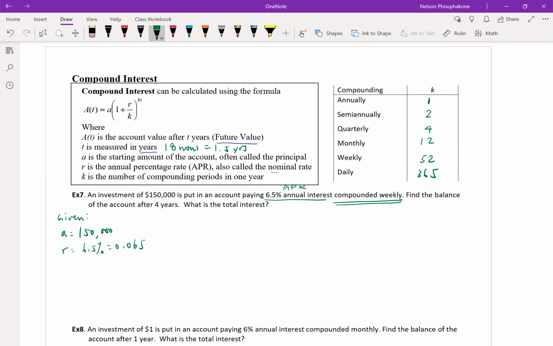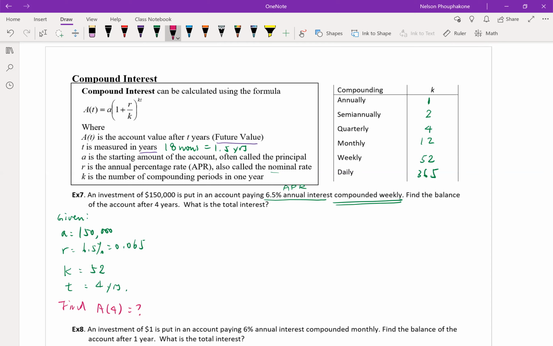And then now it's compounded weekly. So therefore, k must be 52. I would like to find the balance of the account after 4 years. So in this case, t is equal to 4 years. What I'm looking for is A of 4. This is the idea here.